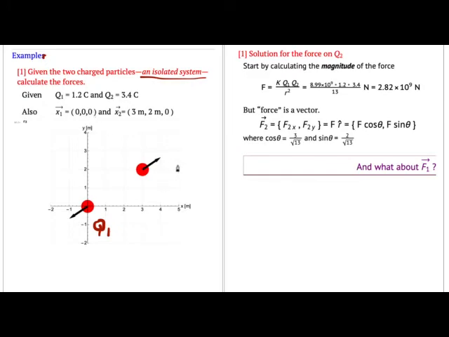And let's say the coordinates of Q2 are 3, 2, 0. So Q1 and Q2 are both in the xy plane. They both have z equals 0. Q1 is at the origin. Q2 is at 3, 2. The x distance from the origin is 3. The y distance from the origin is 2.